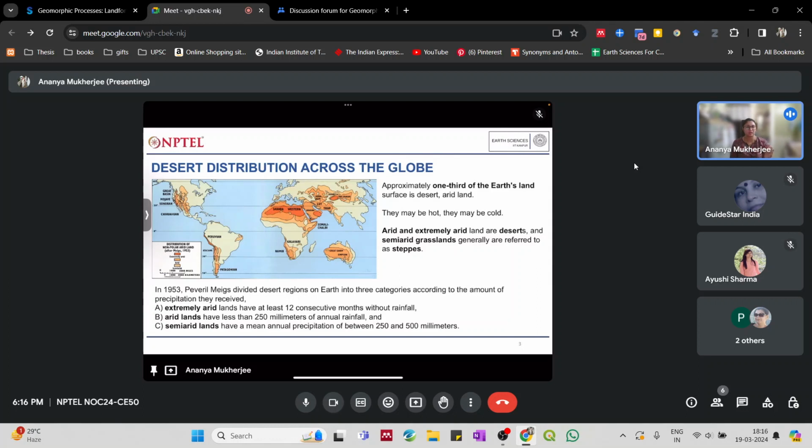So before we move on to the action of the wind per se, let's first see which areas are mostly considered to be deserts. Across the globe, one third of the Earth's surface is classified as arid land, desert, and as I said before, they can be hot as well as cold.